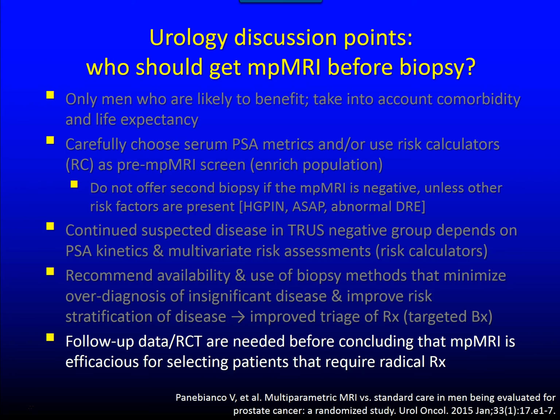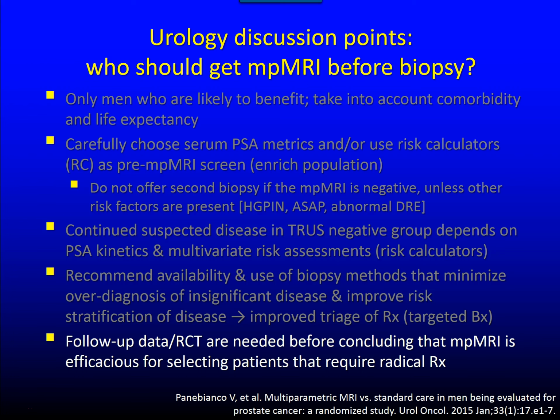Now, let's talk about the efficacy of the introduction of MRI into the clinical pathway. We can't really conclude yet that MRI benefits the pathway in selecting patients who require radical treatments. We just don't have that data yet.